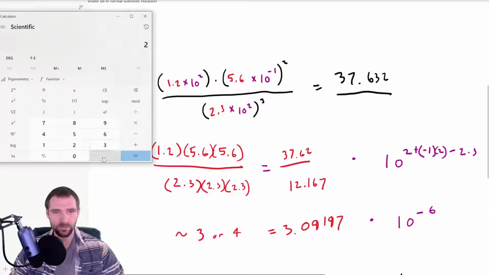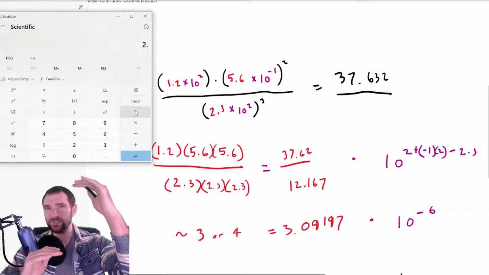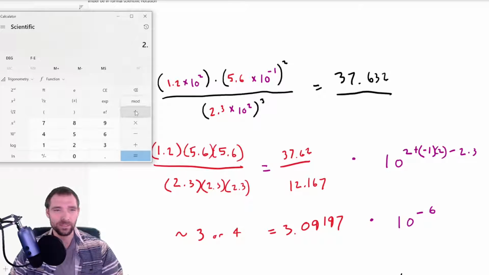And then let's calculate that denominator. So we've got 2.3. And I would honestly just calculate your numerator and denominator separately, then combine them later. It just helps with keeping track of some of your work a little bit sometimes. So we've got the 2.3 times 10 up to the second power. Okay.